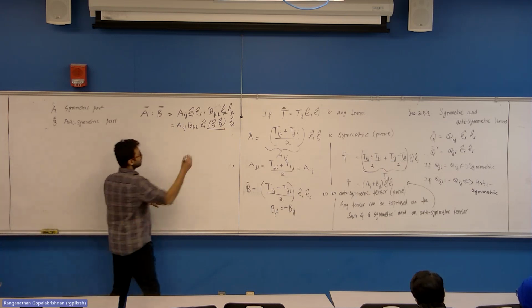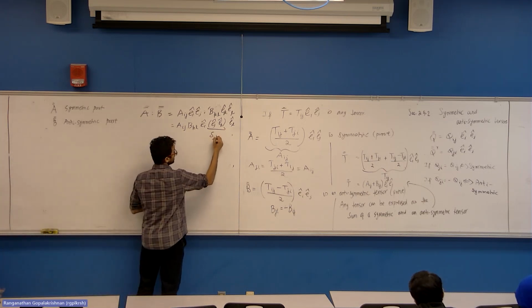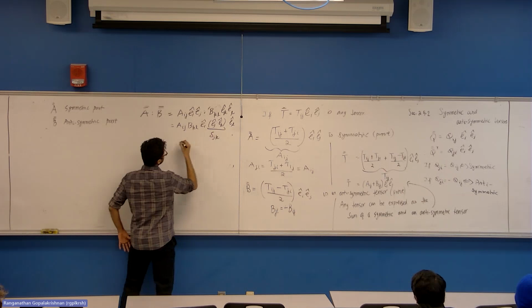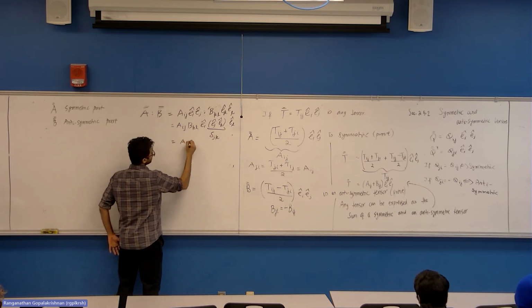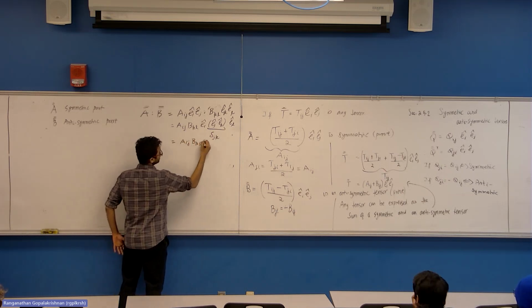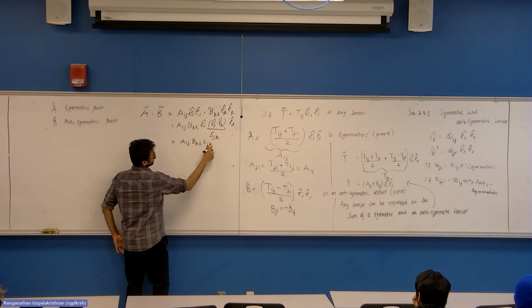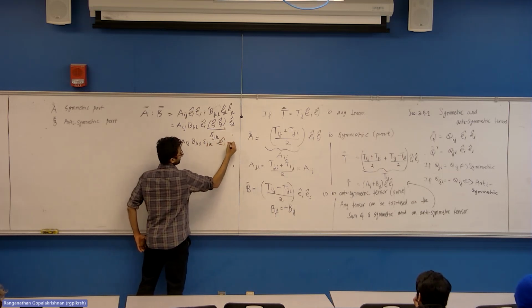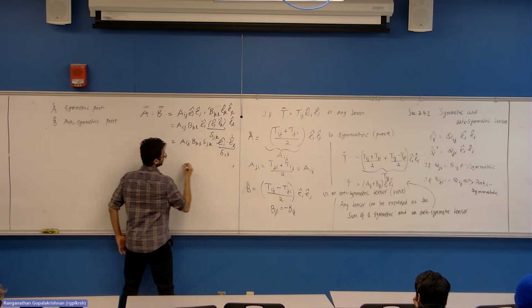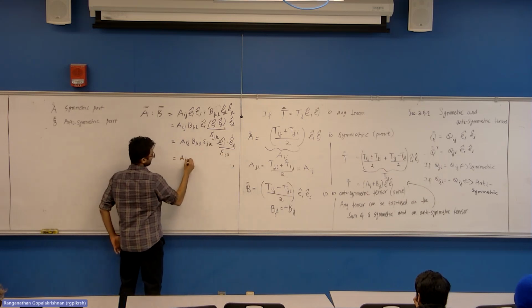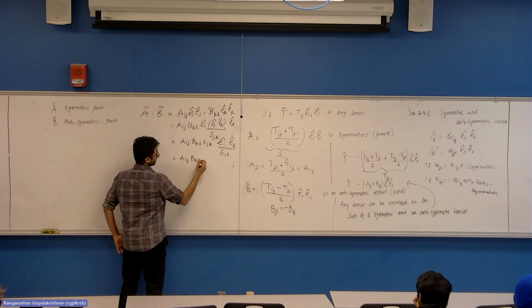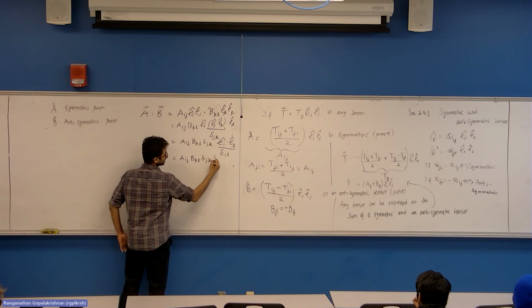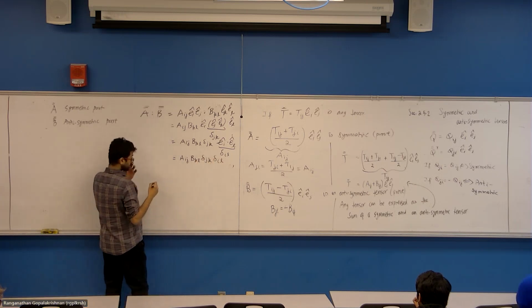Delta jk, because that is a scalar. And then I have Ei dot El, which is delta il. So I have Aij Bkl delta jk delta il.